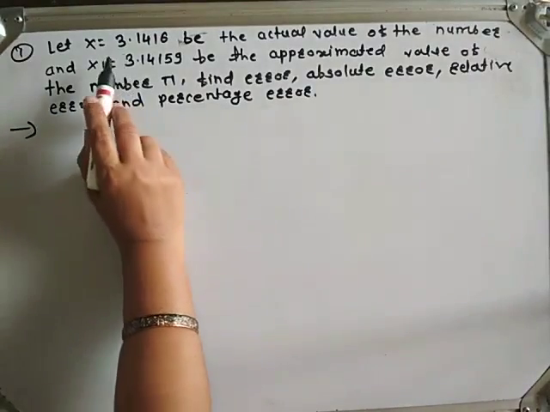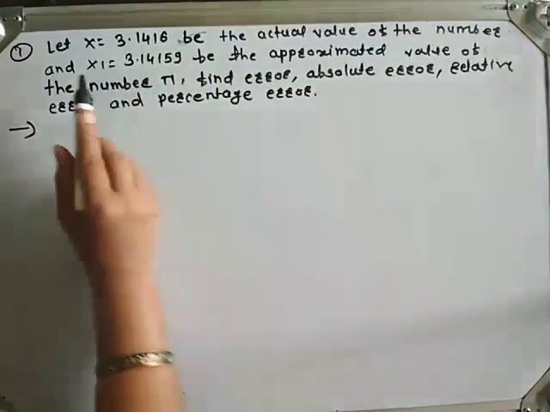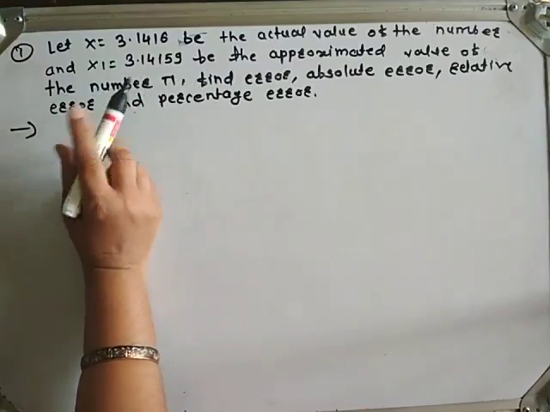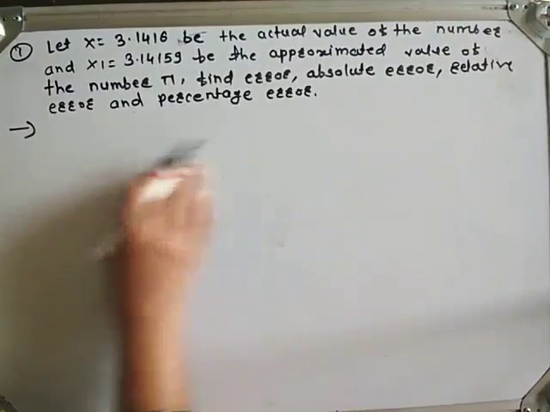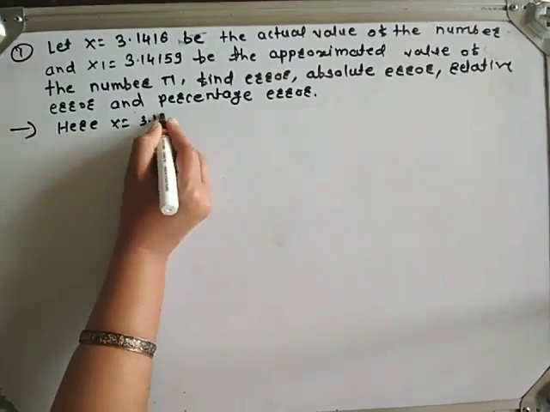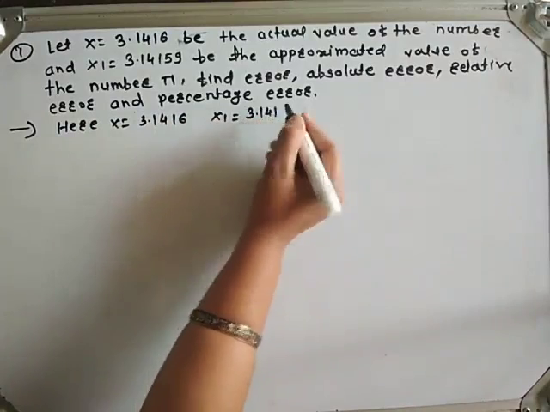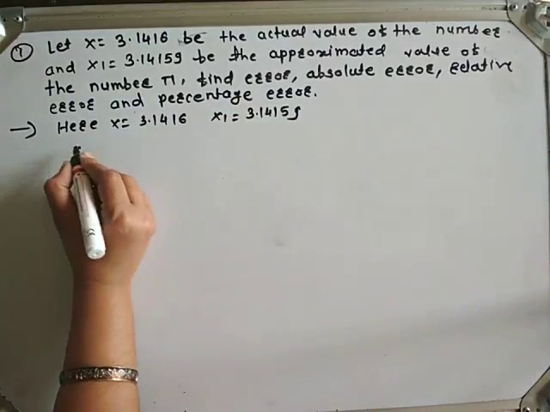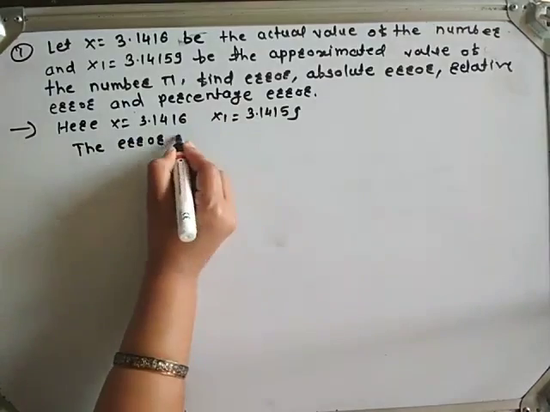Here what we have given, x is equal to 3.1416 be the actual value of the number and x1 is the approximated value of number pi. Then we have to find error, absolute error, relative error and percentage error. First we have to find error.